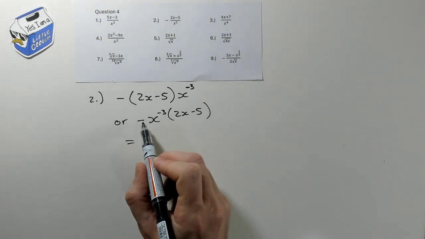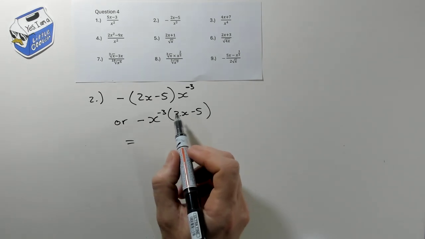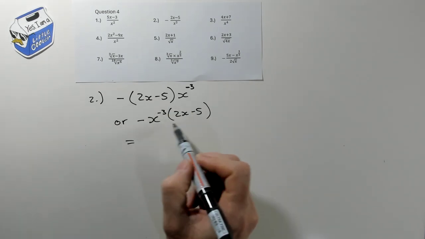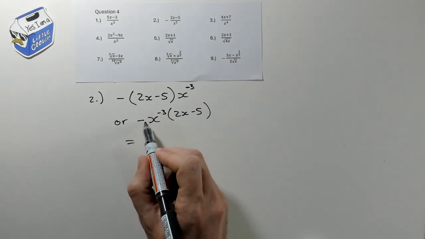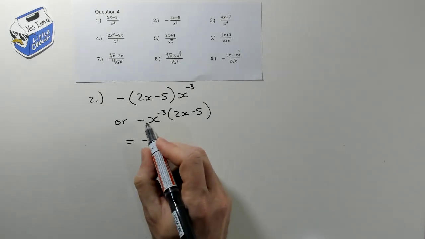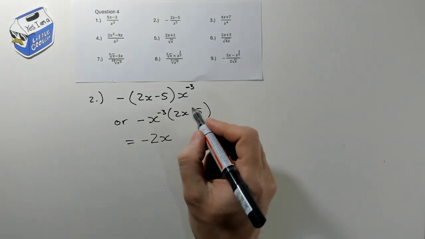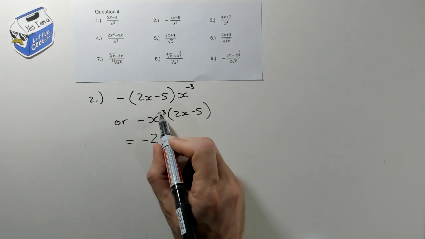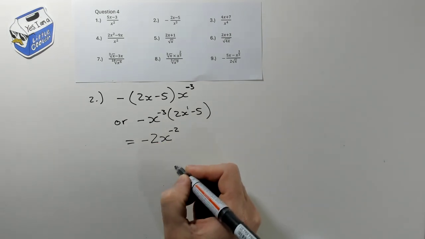But in any case, we still have this negative number that gets multiplied into both terms. So whether you do it the top way or the bottom way, it doesn't matter. But what I do know is that a negative times a positive will give me a negative. The 1 times a 2 will give me the 2. There's going to be an x, and these I just add. So minus 3, and that's a 1, plus 1 will just be minus 2.